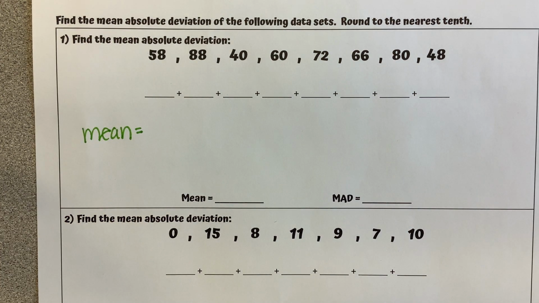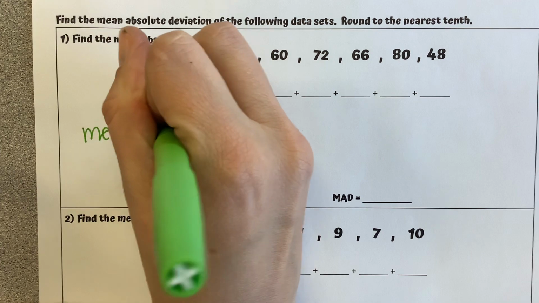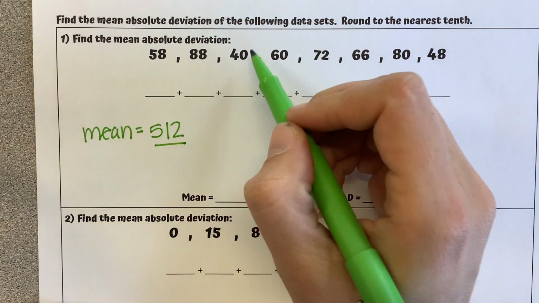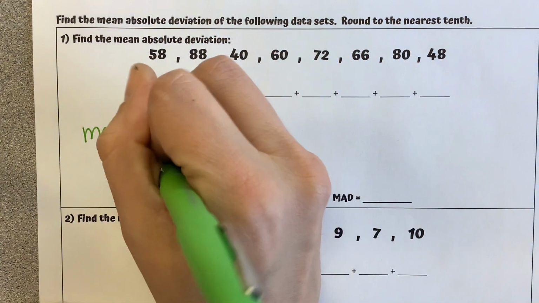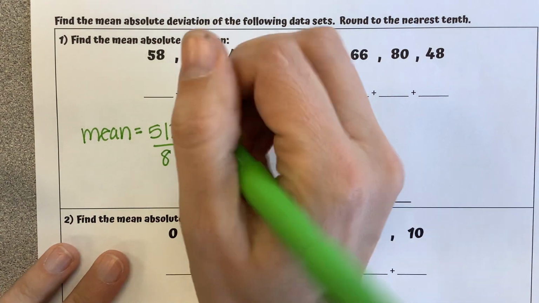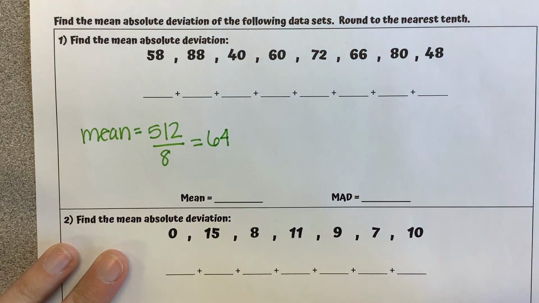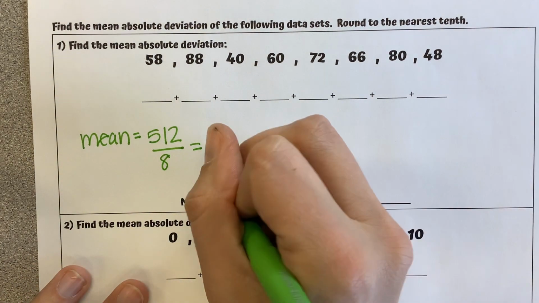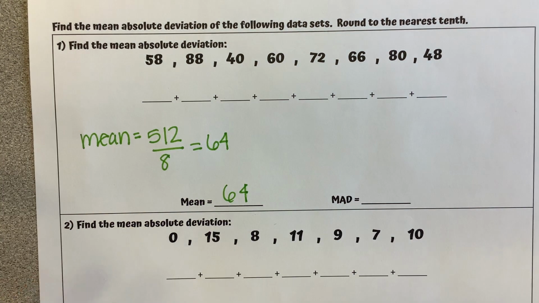We've got 58 plus 88 plus 40 plus 60 plus 72 plus 66 plus 80 plus 48 equals 512, divided by 1, 2, 3, 4, 5, 6, 7, 8 values is 64. So our mean is a whole number. We don't need to worry about rounding.